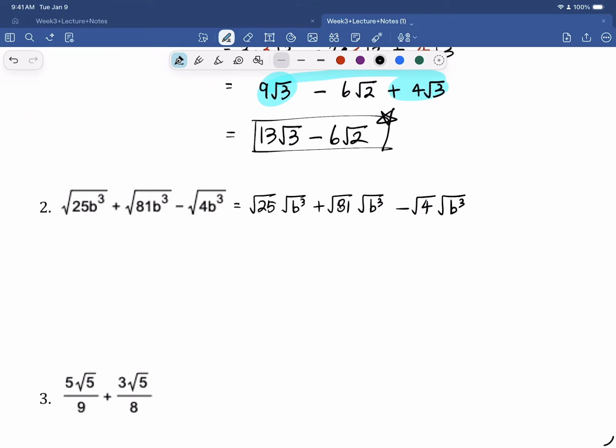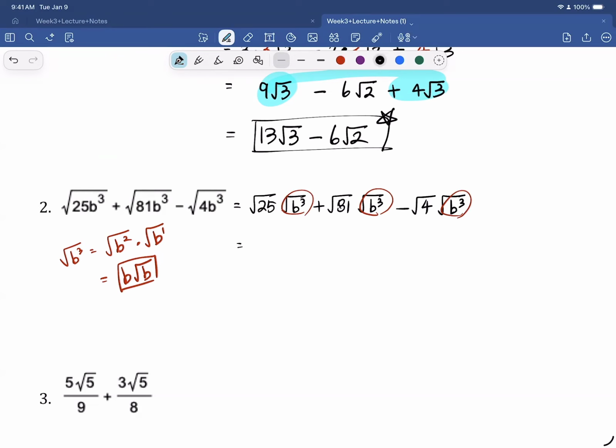Okay, so let's simplify the square root of b cube. b cube is b squared times b, isn't it? So that's why this is b square root of b, right? Okay. So I'm gonna replace this with b square root of b.